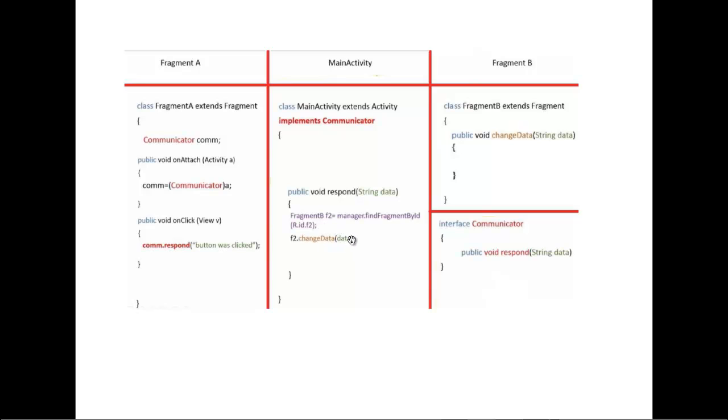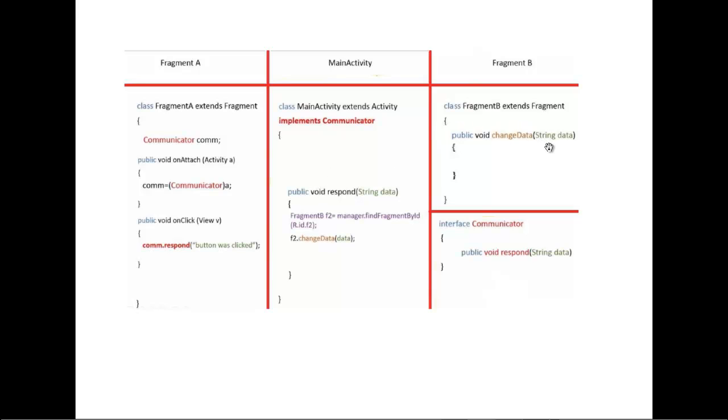Let us assume that in fragment B there is a method called change data. So I am calling fragment 2 dot change data of this data. This provides communication from main activity to fragment B.